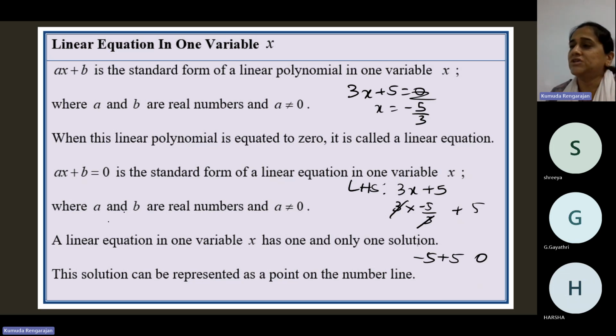A linear equation in one variable, whether x, y, z, whatever variable, has one and only one solution. There's only one value of the variable that can satisfy the equation.